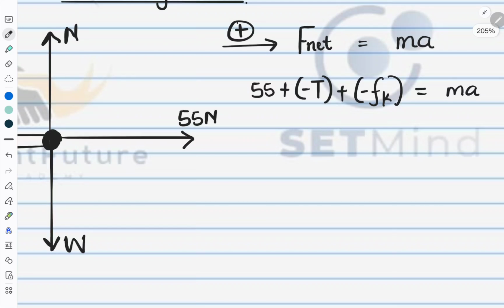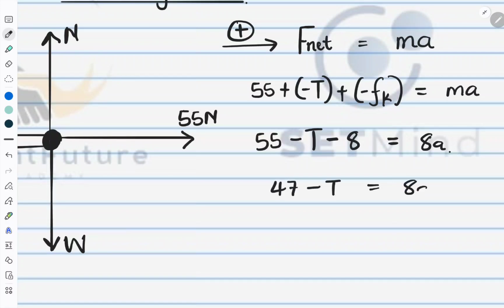Substitute further, we get 55 minus T minus, we were told that the kinetic friction here is 8 newtons, is equal to, my mass is 8, times a. So 55 minus 8, you get 47. So this is 47 minus T is equal to 8a.